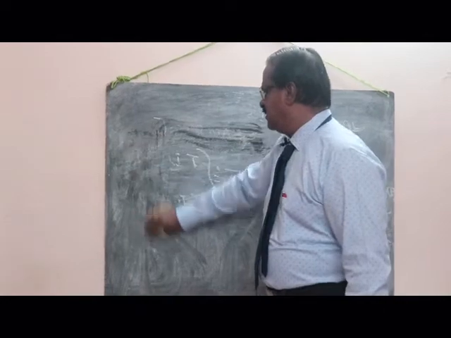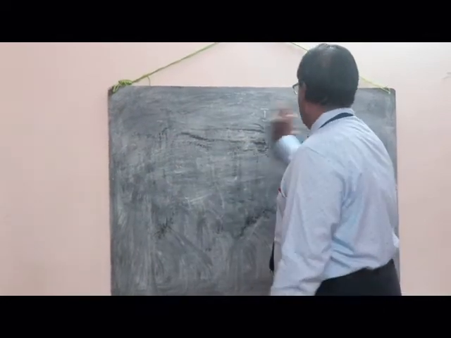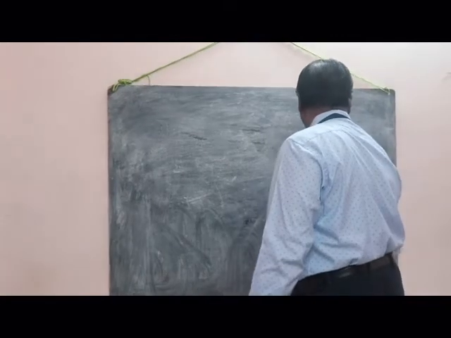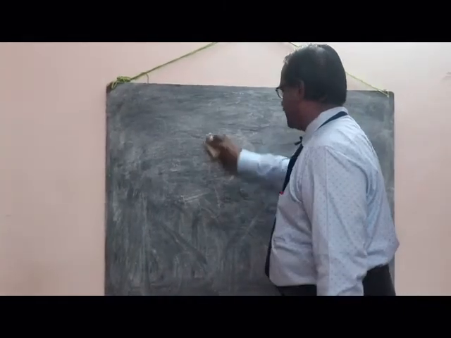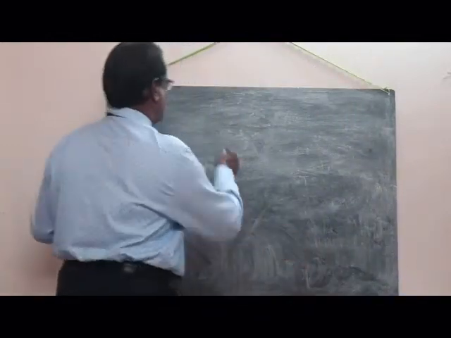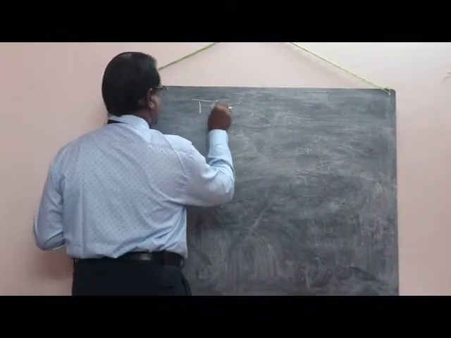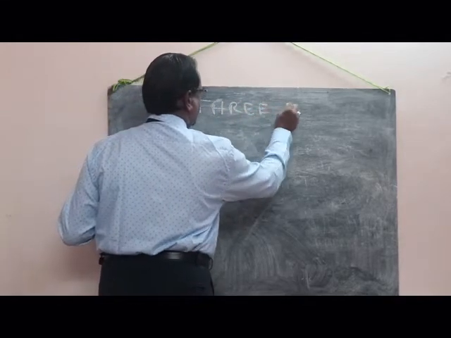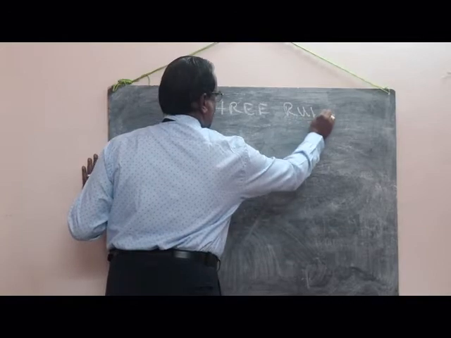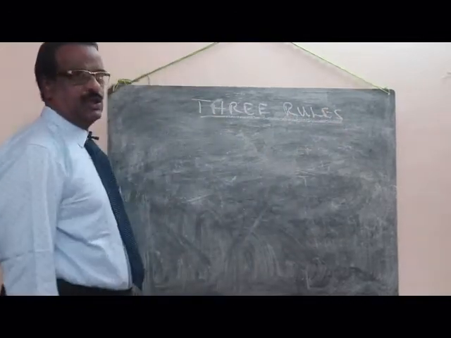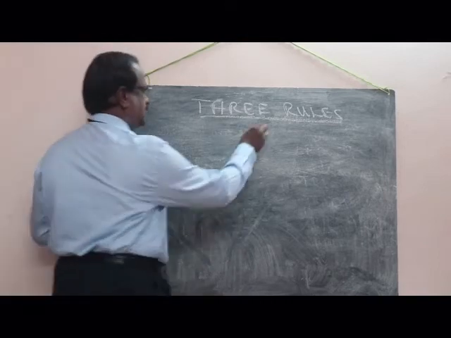Here there are three rules to find out debit and credit. It's very simple. These are called the golden rules.